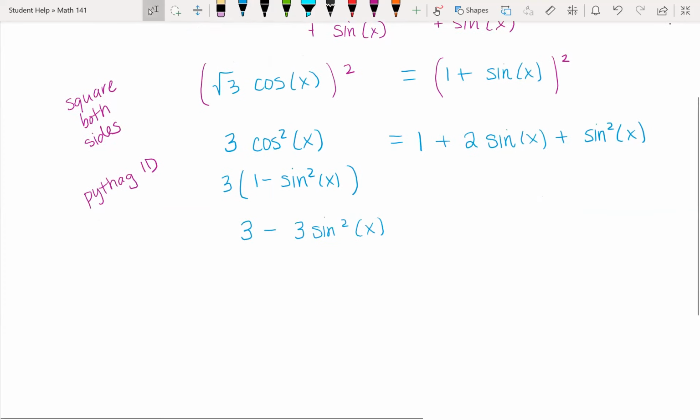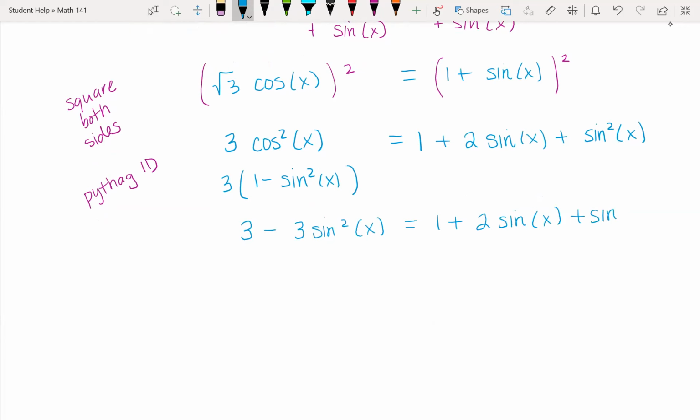And then what I want to do is move everything onto the right-hand side because I have a quadratic and I want to have it equal to 0. So I'm going to subtract 3, and add 3 sine squared x.